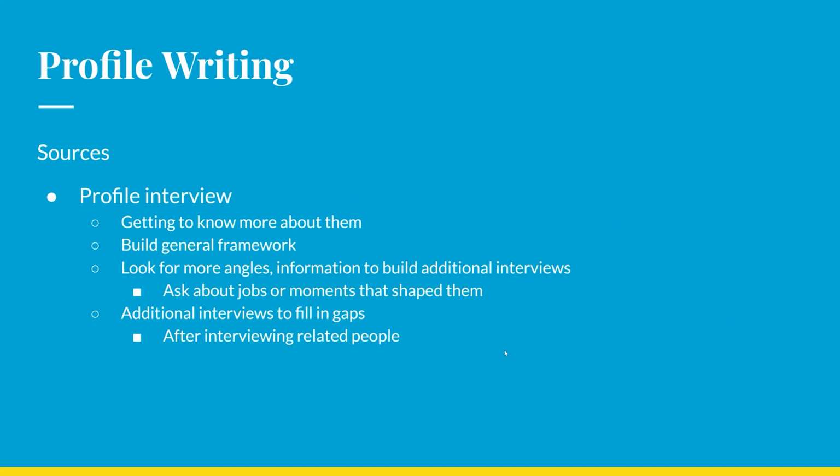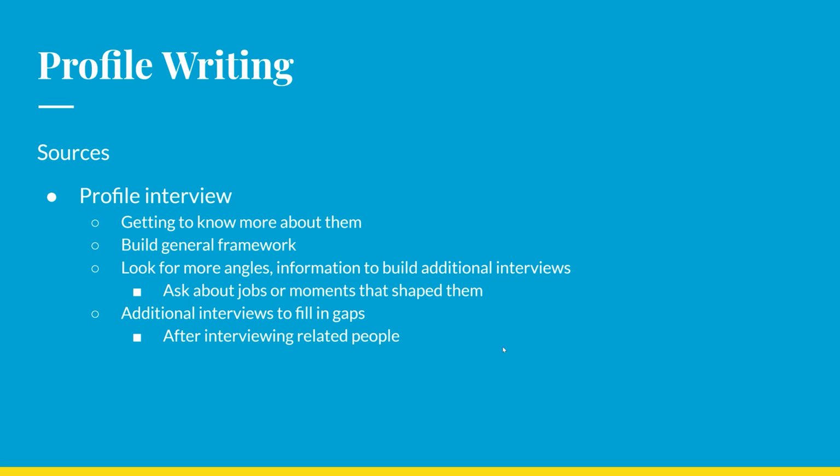Now, of course, for your sources, you do have your main interview, and you're going to interview the person you're profiling a few times. During the first interview, you want to get to know more about them. This isn't just stuff that you would see on their Wikipedia page.